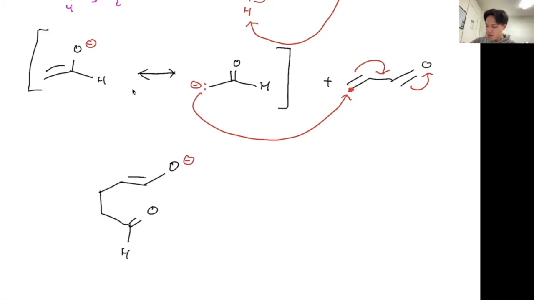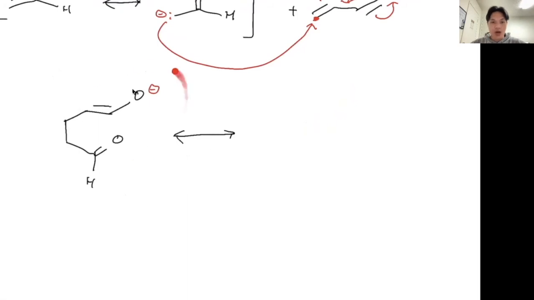So this reminds me of a keto-enol equilibrium, right? Because if this goes on and does the resonance here, we can have now this compound over here with this carbon being our nucleophile, right?